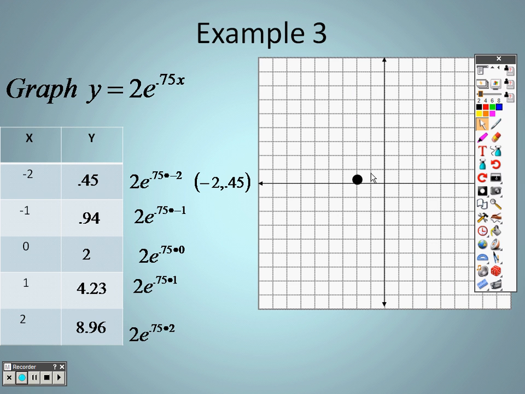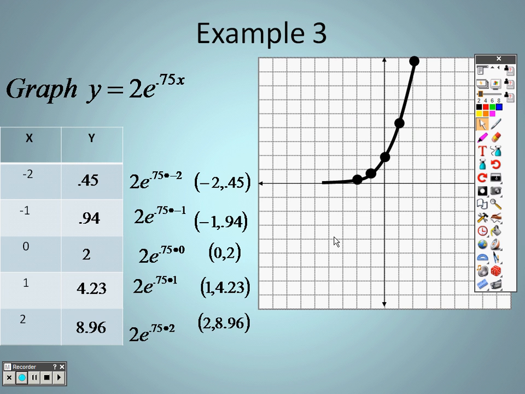I go over negative 1 and go up almost a whole right there. I go over nothing and up 2 and put the point right there. I go over 1 and up 4.23, which is right there. I go over 2 and I go up 8.96, which is right there, and I connect it with a line.